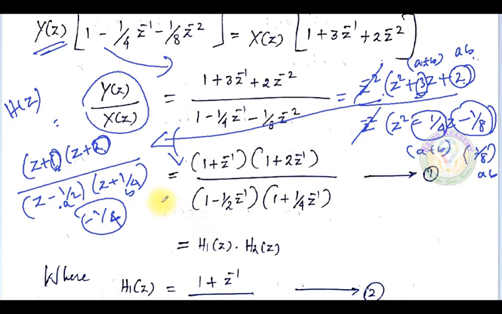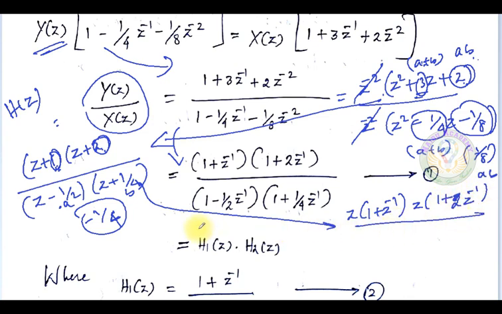After this step, we have to take z common in both the numerator and denominator. If you take z common, that will become 1 plus z inverse. Then here also you take z common, so z times 1 plus 2 z inverse.